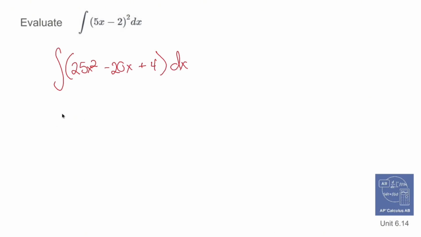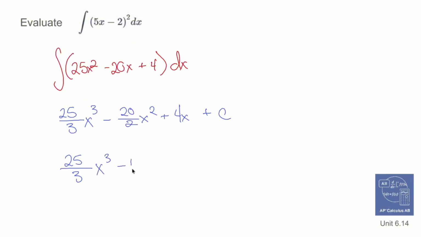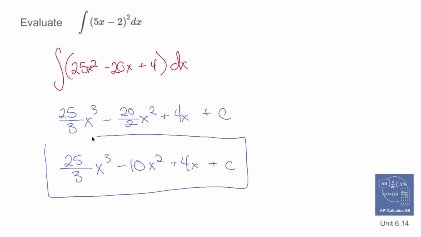Okay, so you become 25 over 3 x cubed minus 20 over 2 x squared plus 4x plus arbitrary c. And cleaning this up a little bit is just going to get me 25/3 x cubed minus 10x squared plus 4x plus c. Okay? So sometimes you can avoid u substitution. In a case like this, I did.